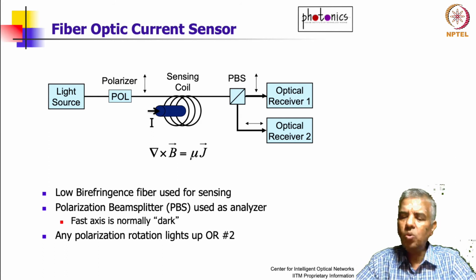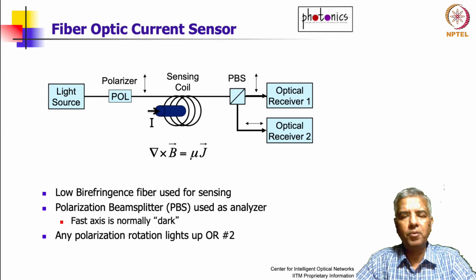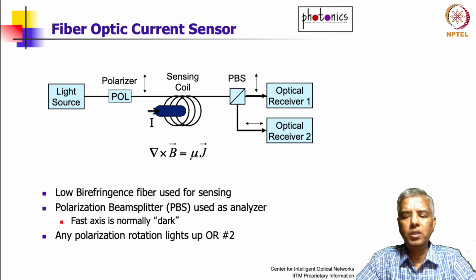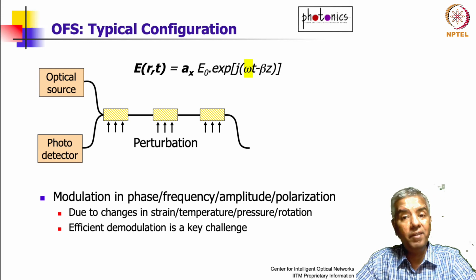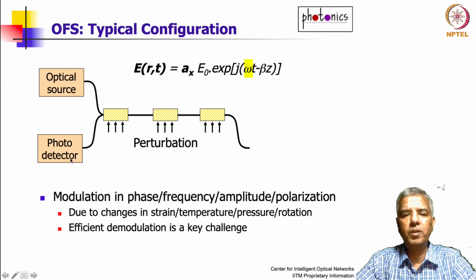Now let's move on to the last type of sensor that we want to talk about, which is a wavelength modulated sensor. So far, we talked about changes in amplitude, changes in phase, changes in polarization.